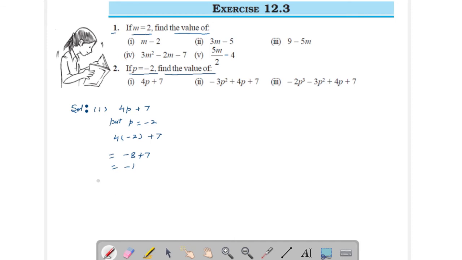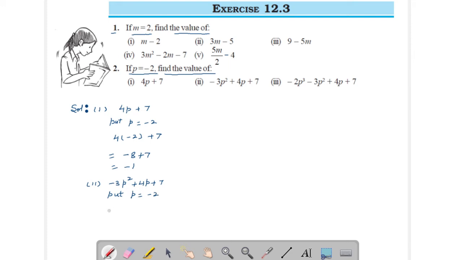Now come to second part. It is minus 3p square plus 4p plus 7. Here put p equal to minus 2.